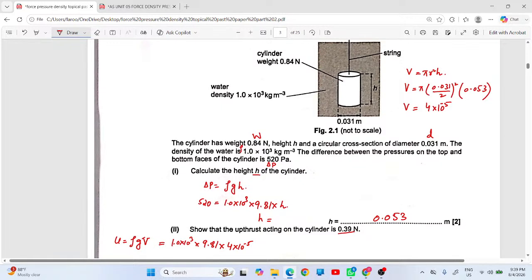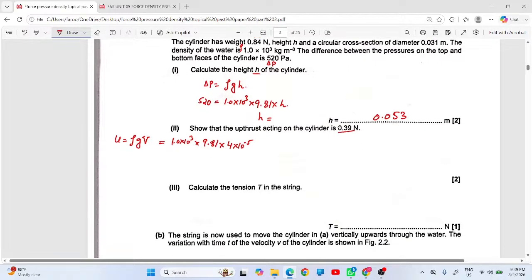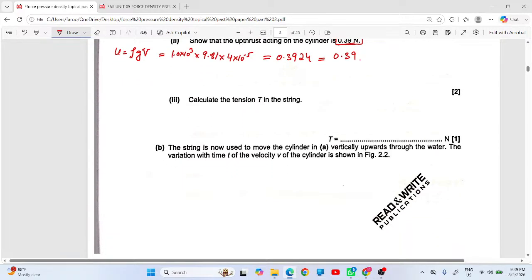Check the answer. The answer should be 0.39. It has come, 0.3924, which is 0.39. Okay, so next is calculate the tension in the string.